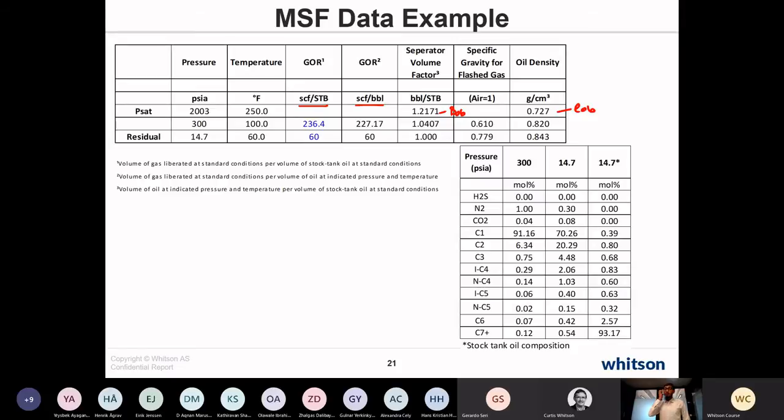Honestly, I don't know. I think it varies from one lab to another, how much time they give for the equilibration. For example, if you just look at the CCE experiment, it can have 20 to 25 pressure stages.